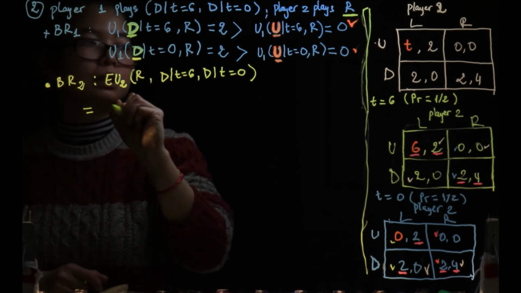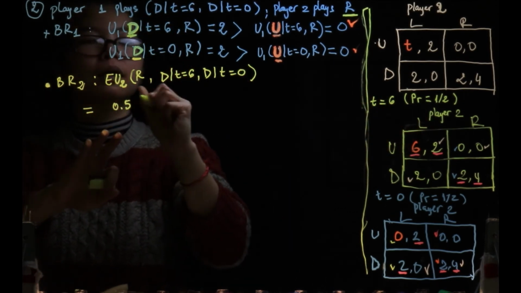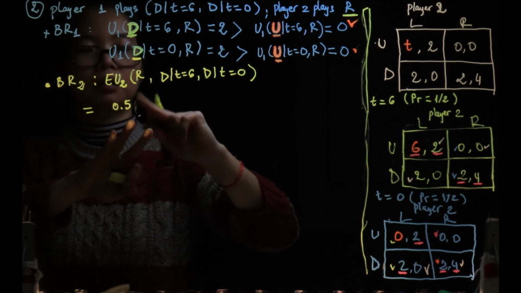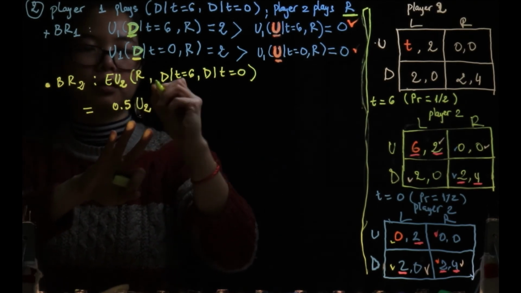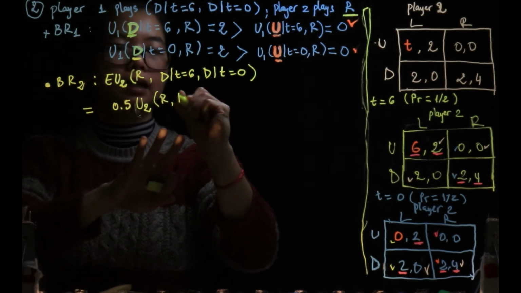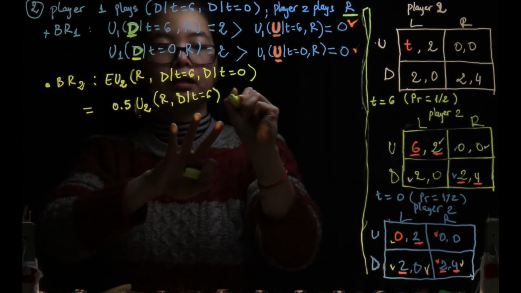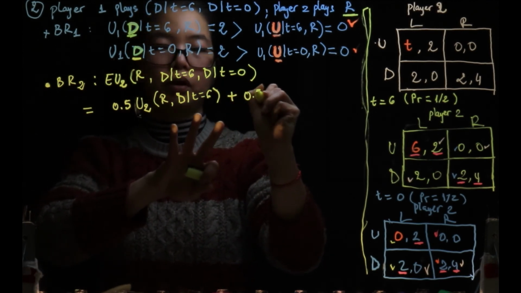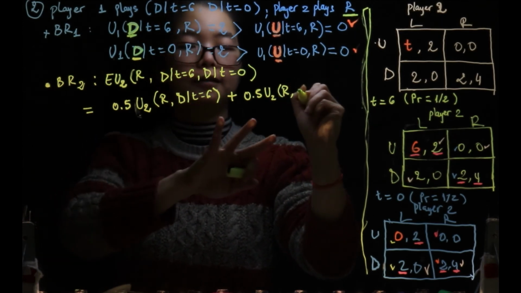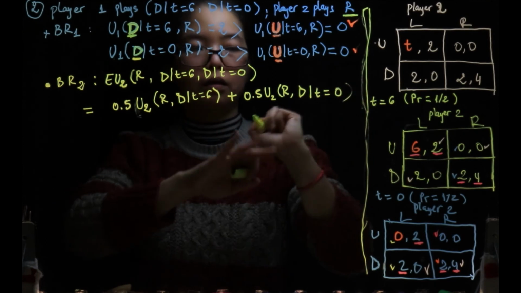So the probability of the first type, t equal to 6, is 0.5, times the payoff of the second player when he plays right and the other plays down in this type, plus 0.5 times his payoff when he plays right and the other plays down again in this type.